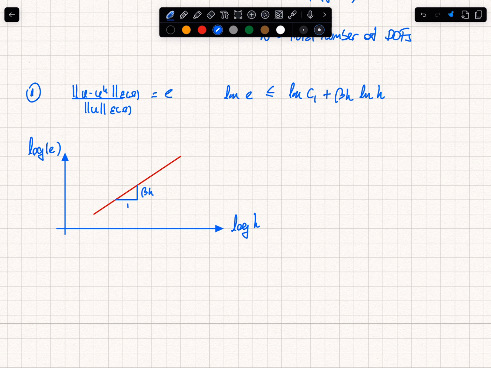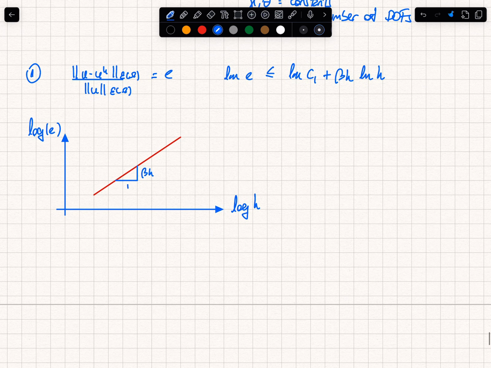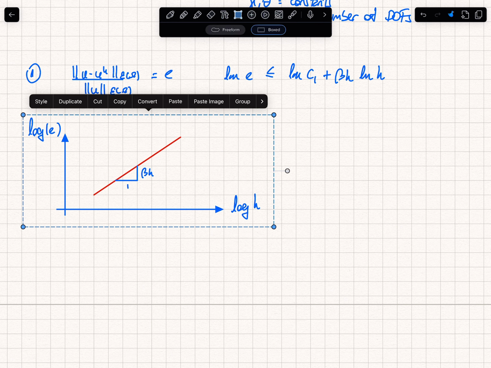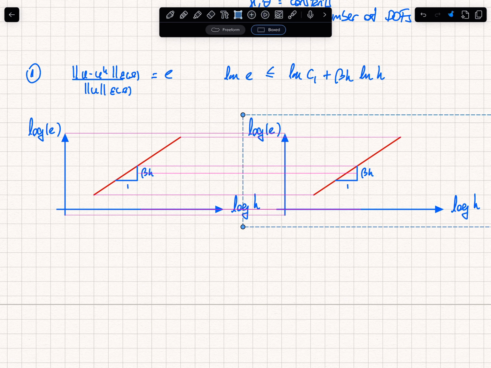And it makes sense because in h-FEM, we decrease the error by just basically reducing the size of the element, so it makes sense that we do it in terms of h. But we can also do it in terms of the number of total degrees of freedom, right? So let me just maybe copy this to the side.